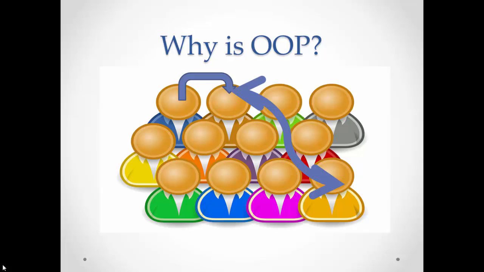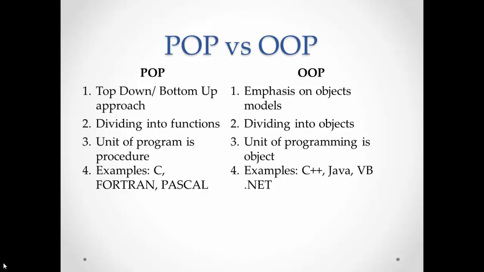So here's the actual difference between POP and OOP. POP follows the top-down approach, whereas OOP follows the bottom-up approach, which contains the object models. On the other side, POP has functions which are divided, while in OOP the objects are divided so that it will be easy for class and object to encapsulate each other.